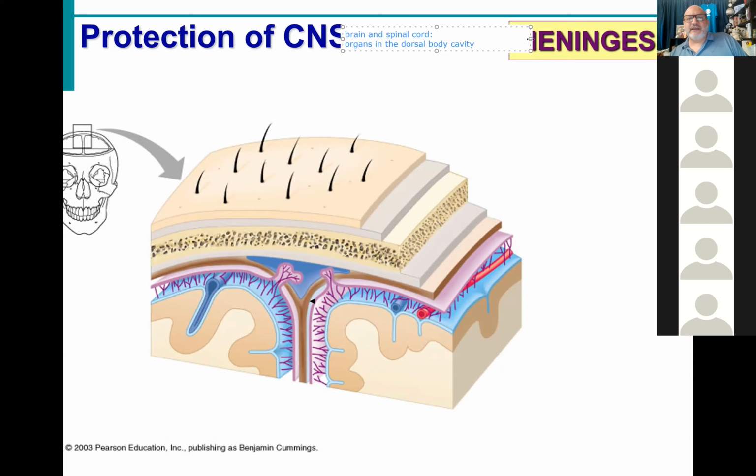Collectively, those layers of connective tissue are known as the meninges. Remember, in the ventral body cavity, it is the serous membranes that protect the lungs and the liver and the heart and things like that. But the brain and the spinal cord are protected by 3 layers of connective tissues known collectively as the meninges.